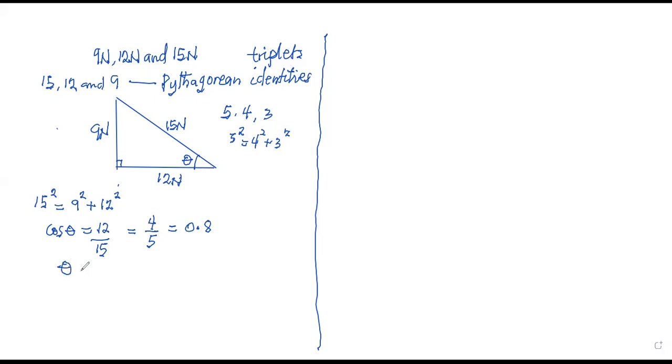Therefore, theta is equal to the cos inverse of 0.8. Please confirm for me. Cos inverse of 0.8 is 36.86, approximately 36.9, or 37 degrees.